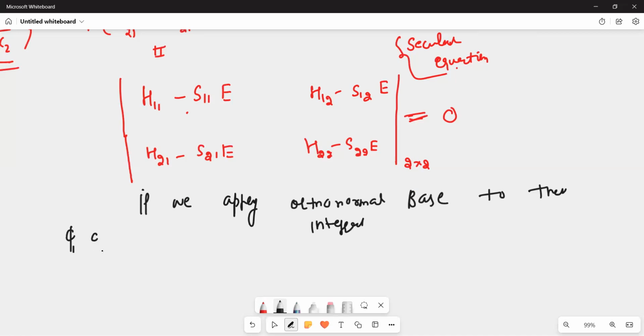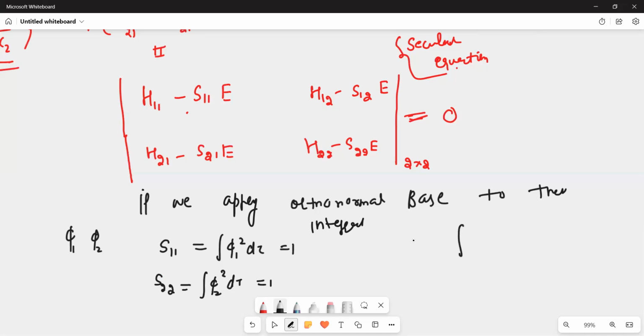Phi 1, phi 2, right? So S11 equals the integration of phi 1 square. If we apply the orthonormal condition, this will be equal to 1, because you know the normalization condition. Similarly S22, which is the integration of phi 2 whole square, is also equal to 1.